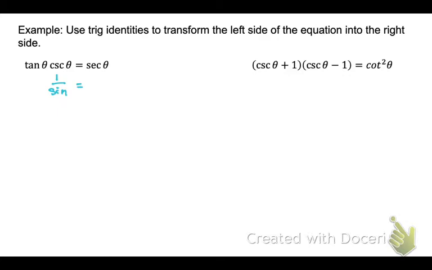Which would be 1 over what? Cosine. So we probably want to change tangent into what over what to get rid of the sine. What is tangent? Sine over cosine. Tangent is sine over cosine, or is 1 over cotangent, correct? Is 1 over cotangent going to help me here at all? Do I want cotangent on the other side? No. So we're going to change it into sine over cosine.